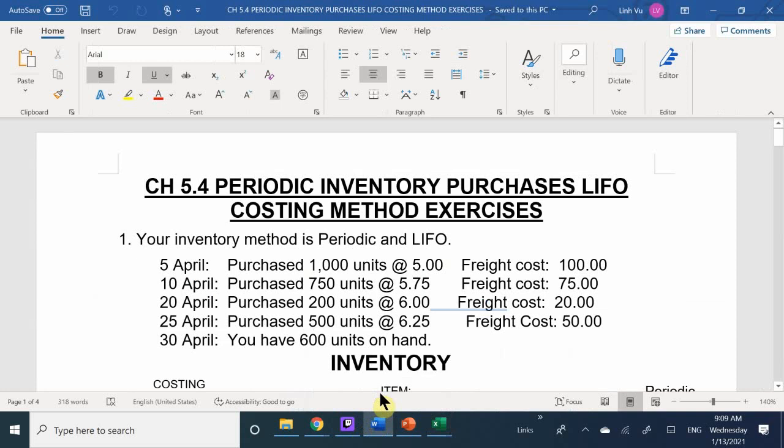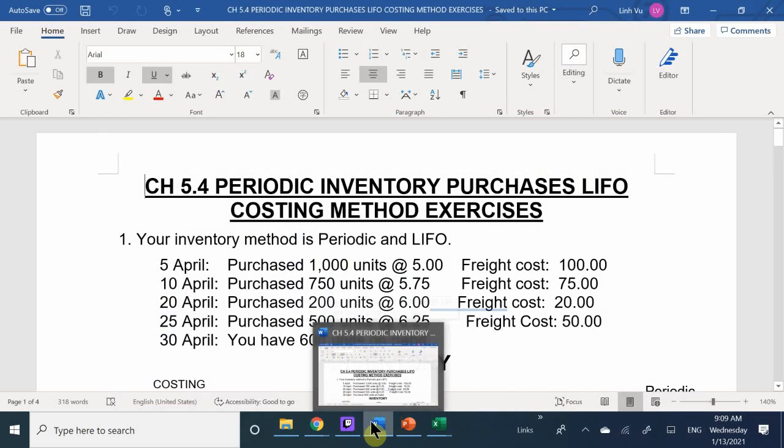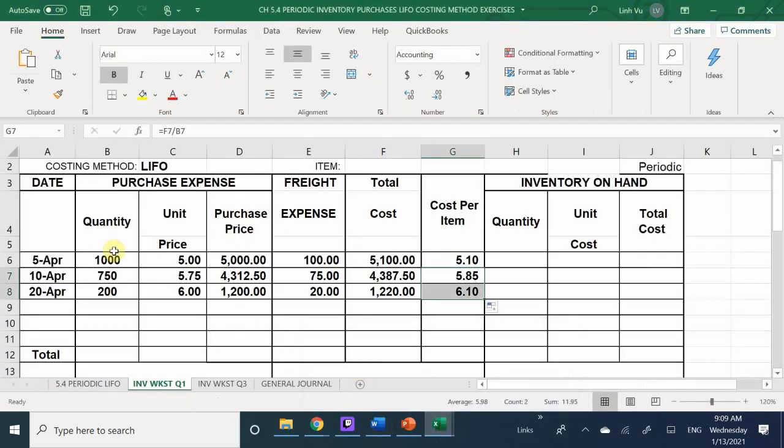And then let's see what happened on April 25th. You purchased another 500 units at $6.25 each with a freight costing you 50. So 500 units at $6.25 with a freight of 50.